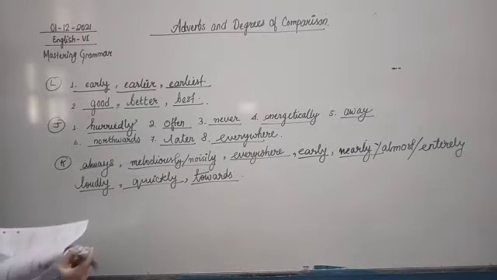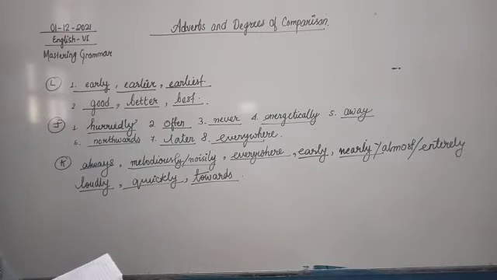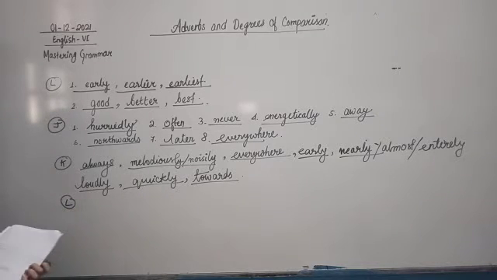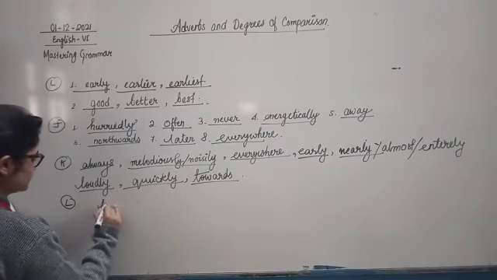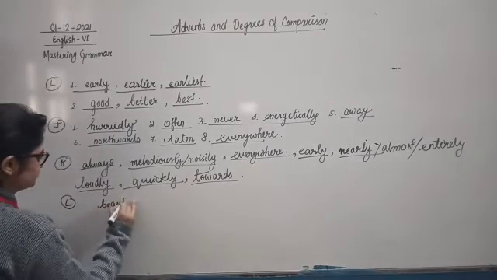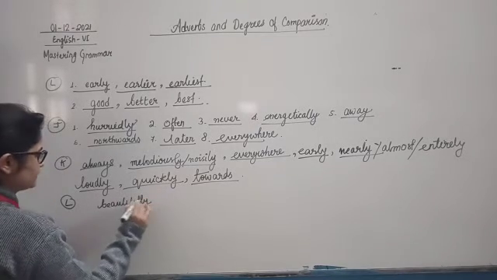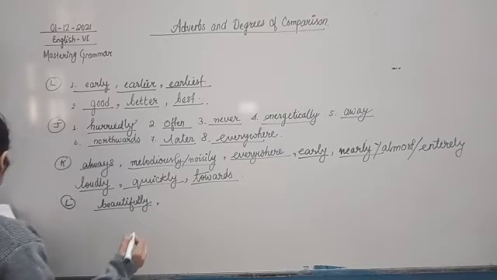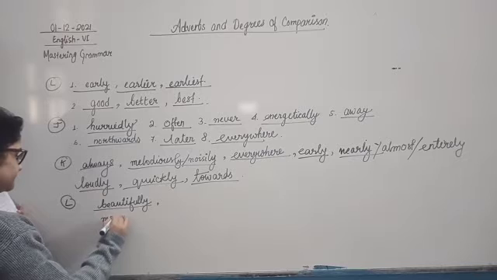So children, we are done with exercise K. Now we have this L. We have to change the following adjectives into adverbs. Let's finish it. First word is beautiful. So in adverb it will become what? Beautifully. Again, we have merry. Merrily.